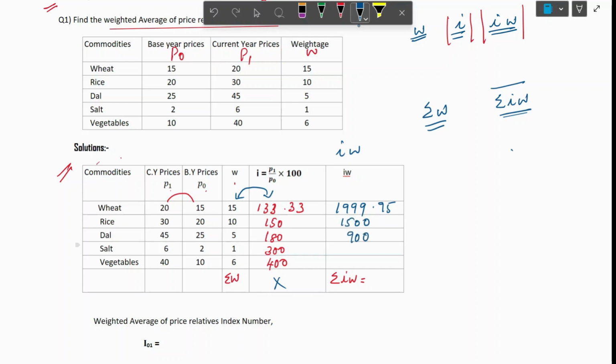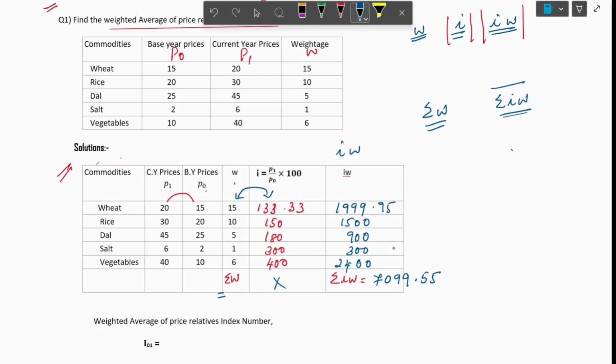Use a calculator, a simple calculator; don't practice with the mobile for calculation. Then 2400. And sigma IW, the total, comes to 7,099.55. Therefore, we have already calculated sigma IW.